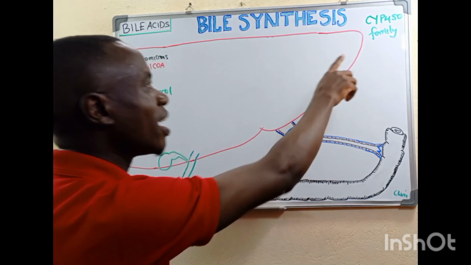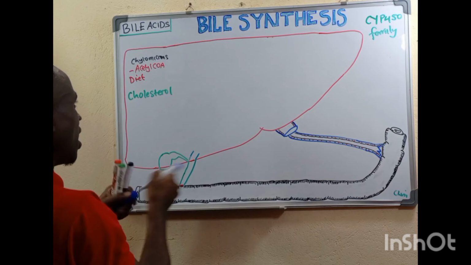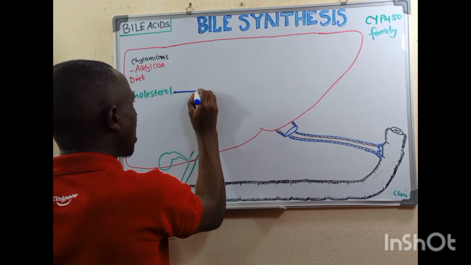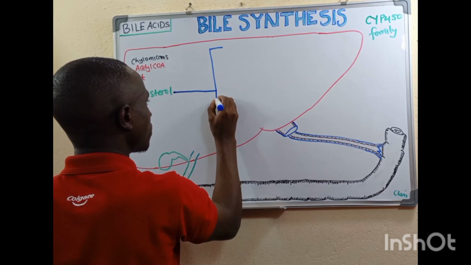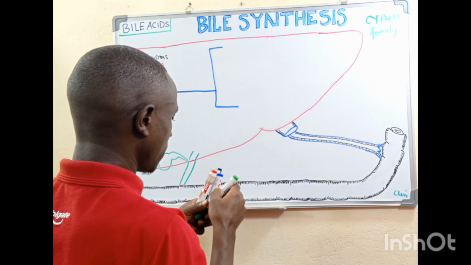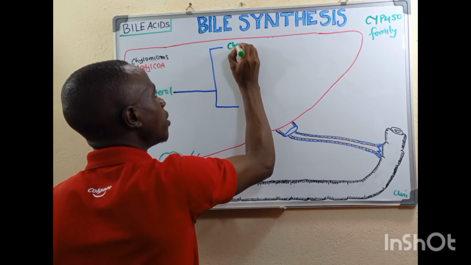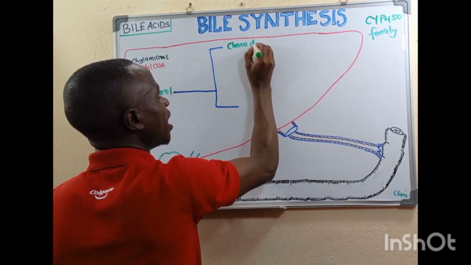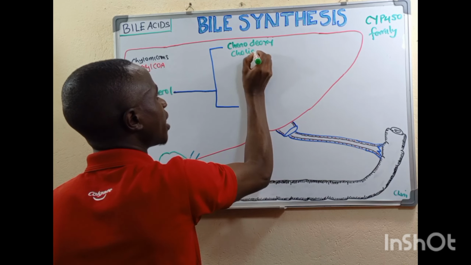So now, what are those enzymes that are going to be breaking down the cholesterol? Now, these enzymes are going to be breaking the cholesterol into two main components. So now, what are these components? Now, these components are going to be deoxycholic acid.